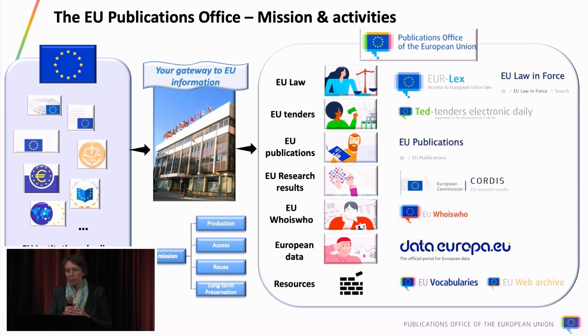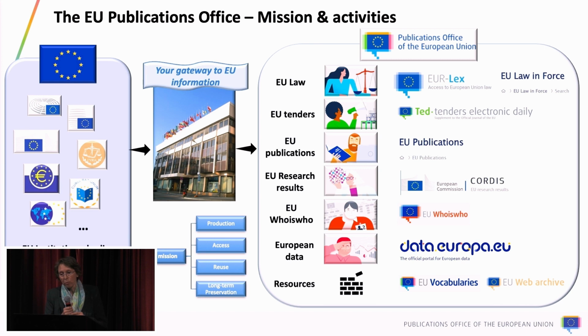In order to do that, the Publications Office runs a portal, so the Publications Office of the European Union, so you see the logo there, and it covers many websites that cover a lot of topics. It covers EU law, tenders, EU general publications, results of research funded by the EU, the organization chart of the EU, European data sets produced by the EU institutions, but also by the member states.